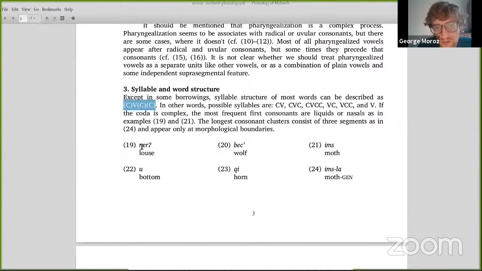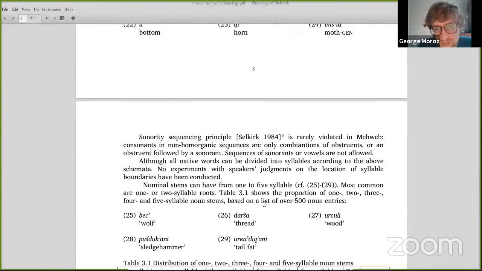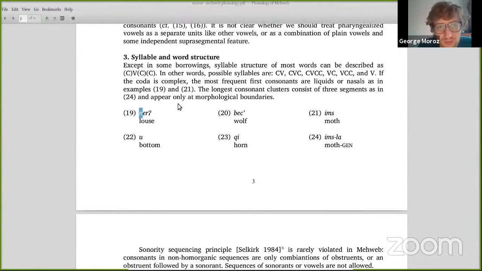The idea is that you can have anything, but I expect this one to actually be a sonorant. There are some rare exceptions, but the syllable structure is more or less similar for all those languages.